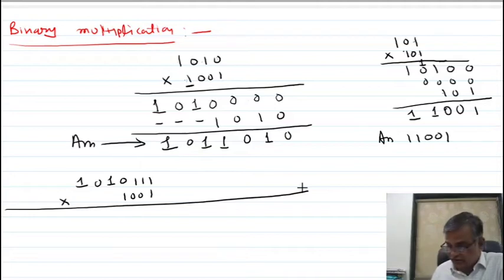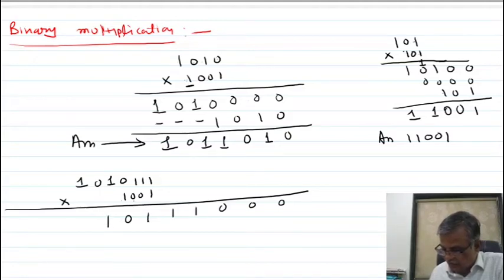Only you have to take care about how to do it. Now for this multiplication I can write 1 1 1 0 1 0 1, very simple. For 0 0 no need to write, start from this one. So this is 1 1 1 0 1 0 1.